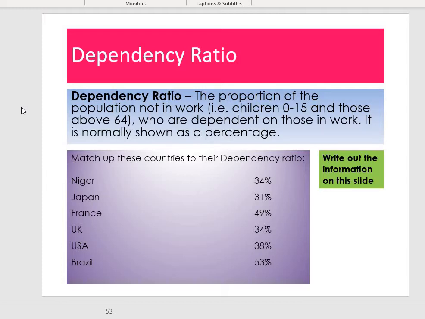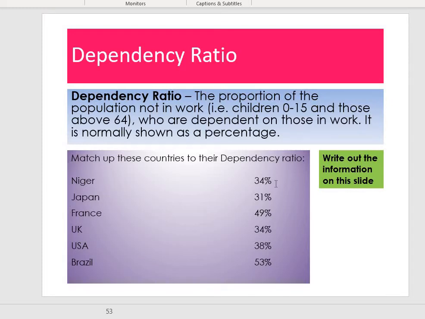It's called the dependency ratio because those people are dependent on those who are working and have jobs and are generating money and creating tax revenue for the country, because that tax revenue is paying for things like schooling, roads to be built, pensions and healthcare. We've got a list of countries here.